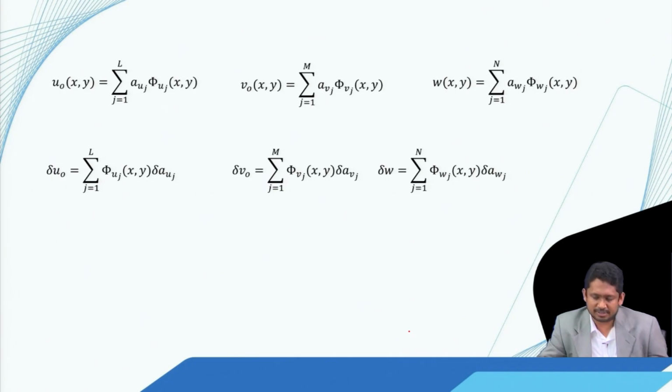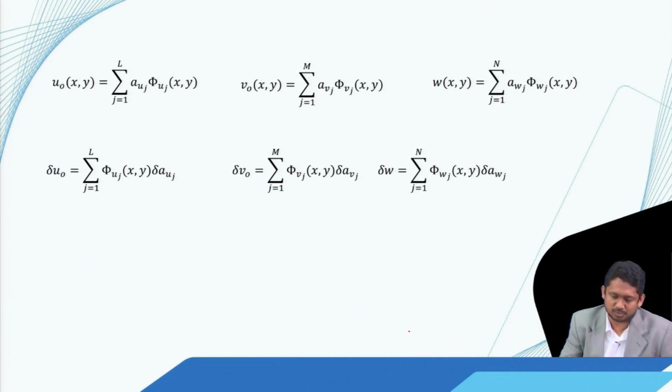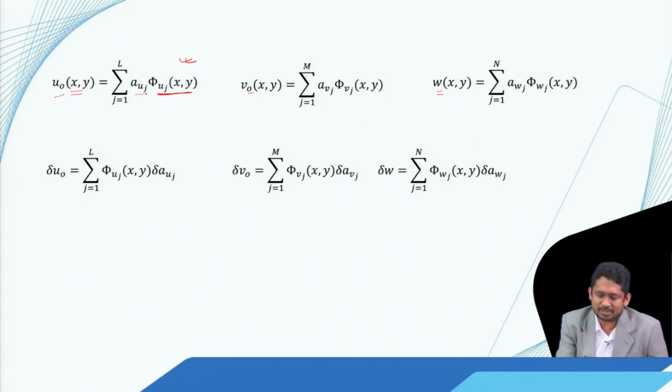Now, for solution using Ritz's method, what we do is we approximate these solutions u 0, v 0 and w. All these three quantities are functions of x and y. So, we write it as a series like this, where these phi u j's are known functions of x, y, that is under our control, we choose them, and each of them is multiplied with a u j, and then we sum it up.